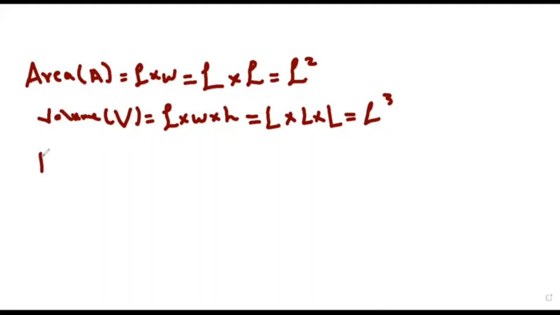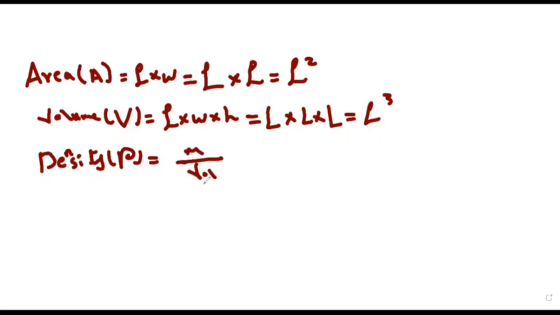What about density? We studied it in first prep. Do you remember that? Density is denoted by rho. Rho equals mass over volume. Is mass fundamental or derived? Mass is fundamental, it's easy.